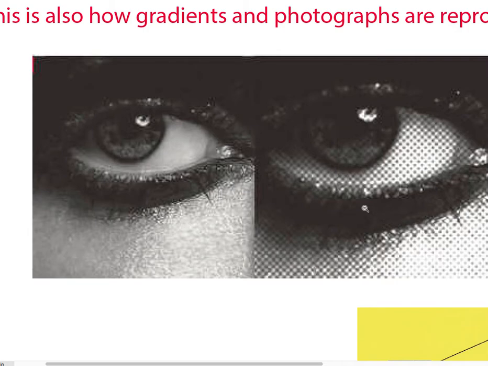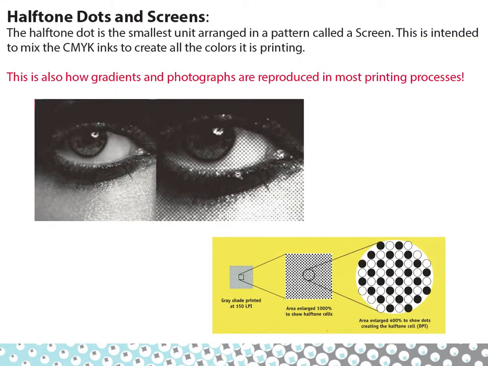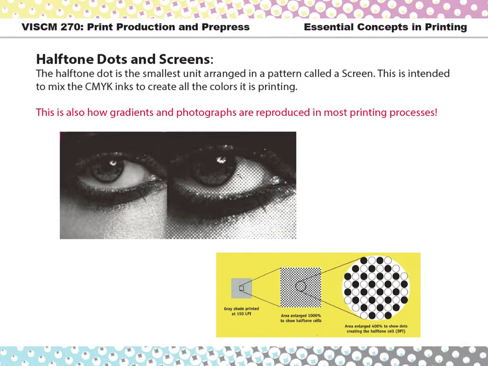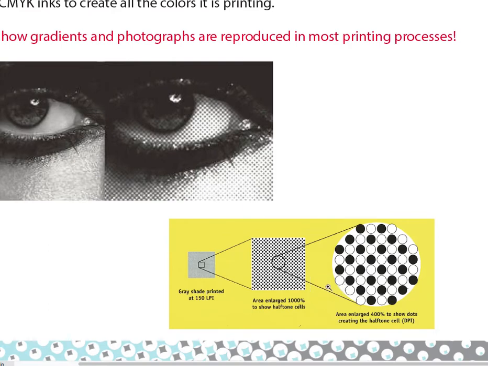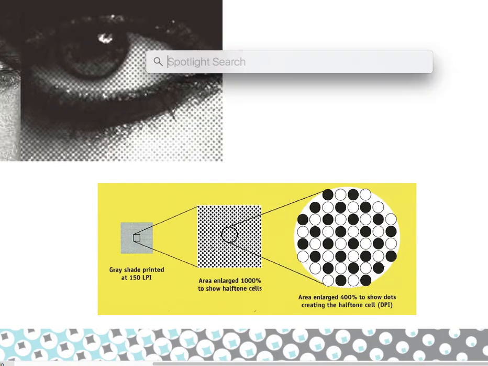So the halftone screen and the halftone dots is how we are able to reproduce gradients, photographs, color, tonal changes, and so on. You can see in this diagram below, that looks like a gray square, but as you zoom in, it is a series of dots arranged in a grid.